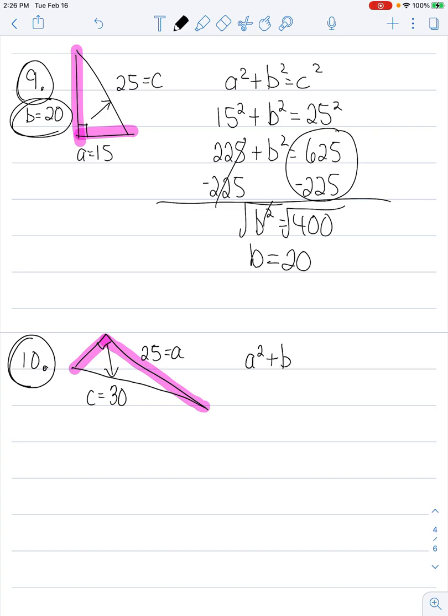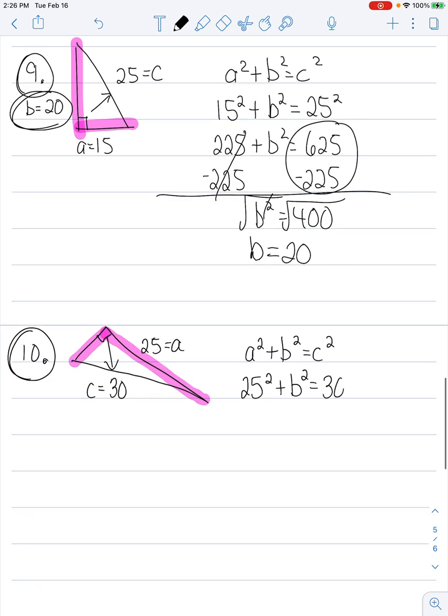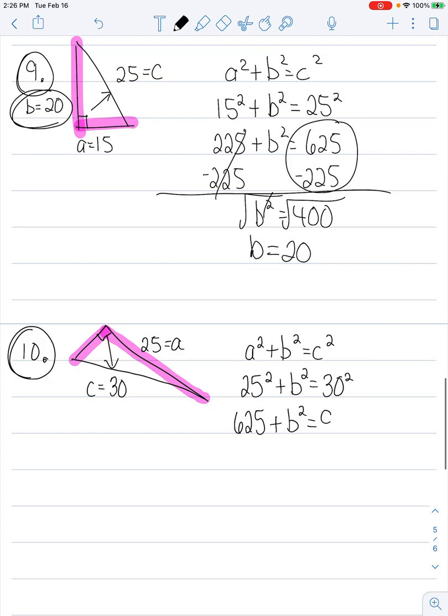So now to find that missing side length, I do A squared plus B squared equals C squared. I said A was 25 squared plus B squared equals, we said C was 30 squared. So 25 times 25 is 625 plus B squared equals 30 times 30 is 900.